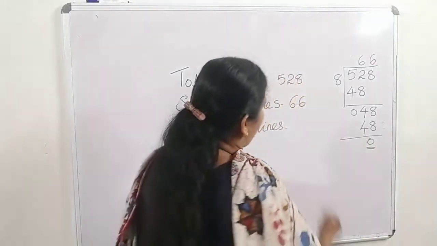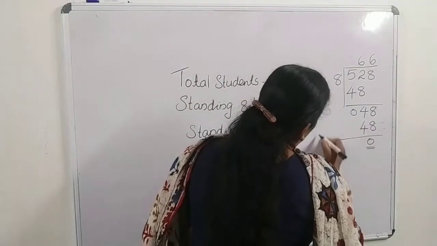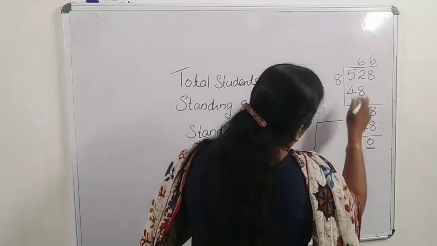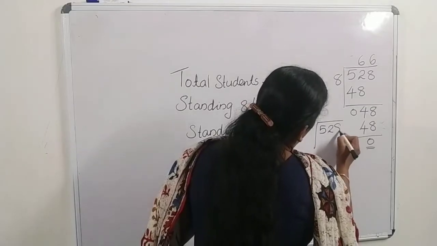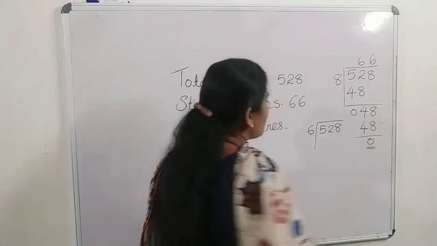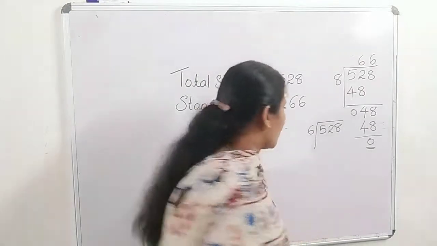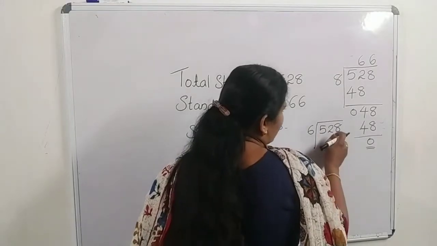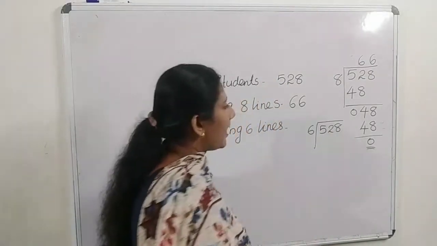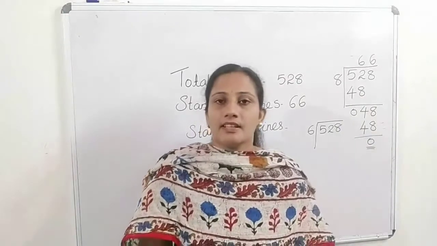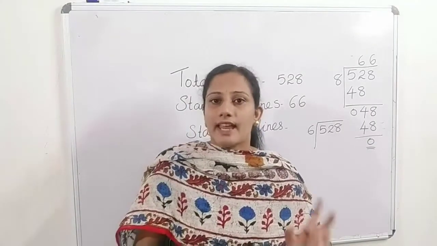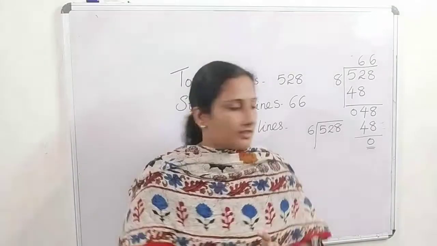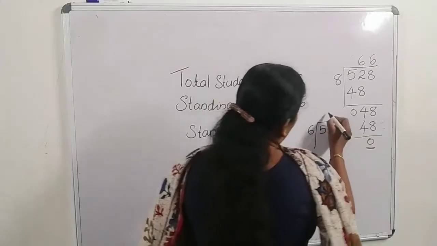Then next, if they are standing in 6 lines, what will be the answer? In the same way, let us divide these numbers. 528 divided by 6, because there are 6 lines. So take the numbers 6 and 5. 5 is a small number, so let us take 52. Then how many times in 52? In the table of 6, children, we all know 6 8s are 48. So write 8.